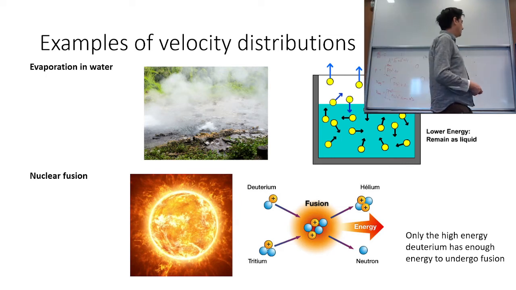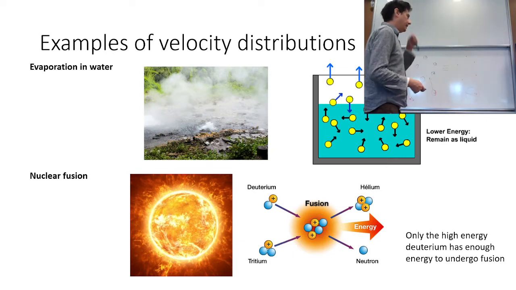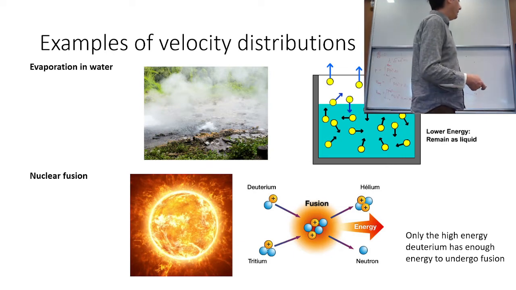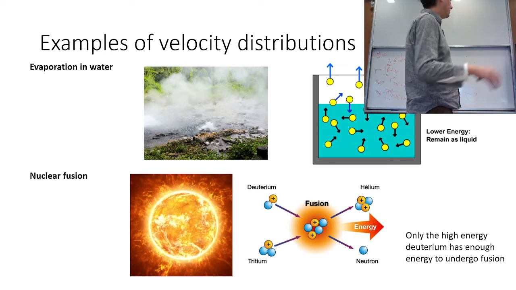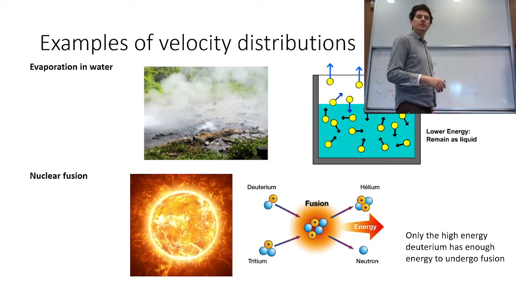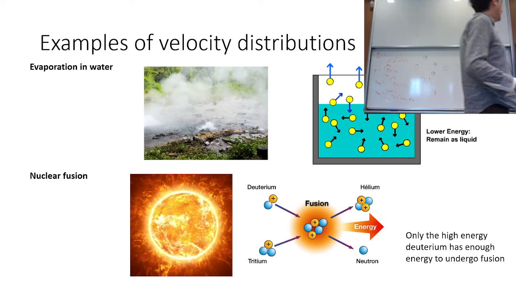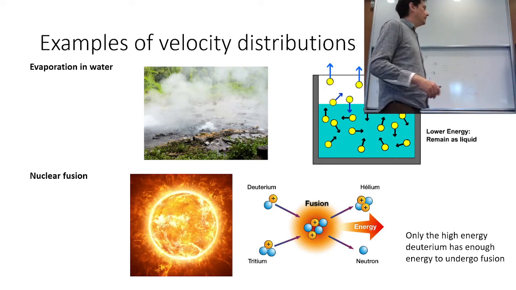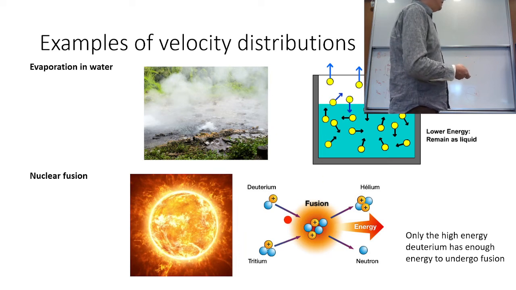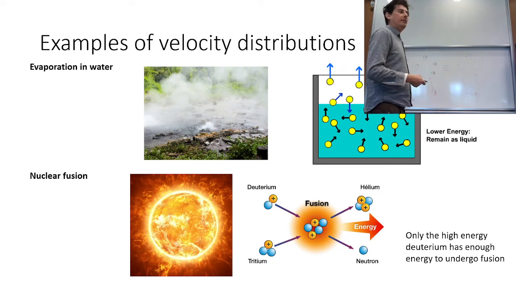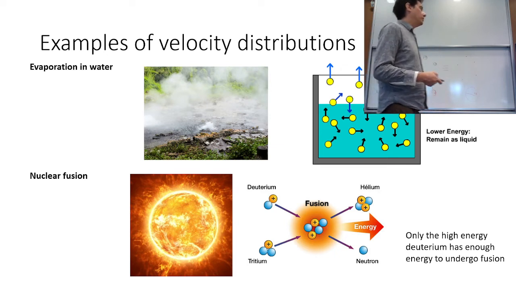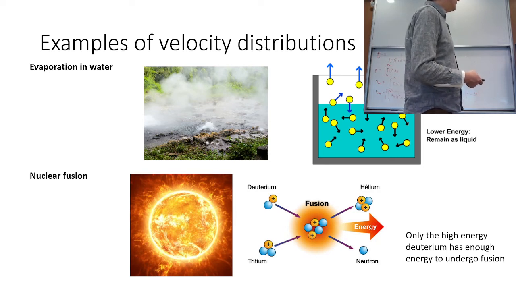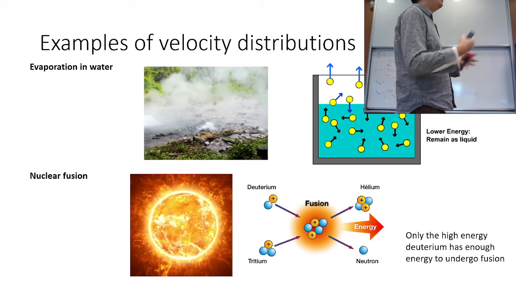Another example is nuclear fusion. You think that, okay, the sun is at, I forget the temperature of the sun. Anybody? 6,000 Kelvin? Can't remember. Anyway, it's quite hot. You think that that's hot enough for fusion to happen. Actually, not exactly. It's just hot enough so that sometimes some of the atoms have enough energy for fusion to occur, and it needs to be often enough so that it's self-sustaining.